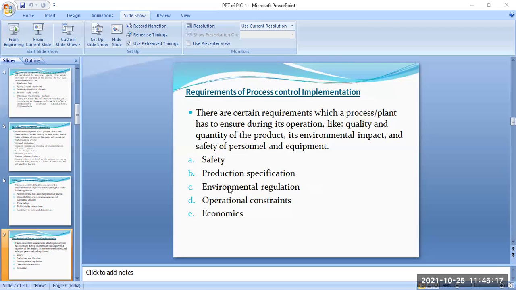So the environmental regulations or rules or law we have to follow according to the process industries or plant.